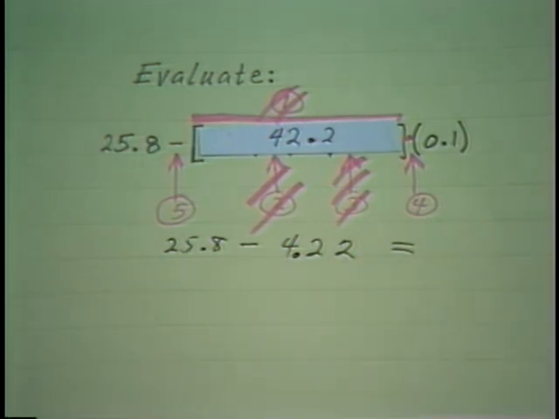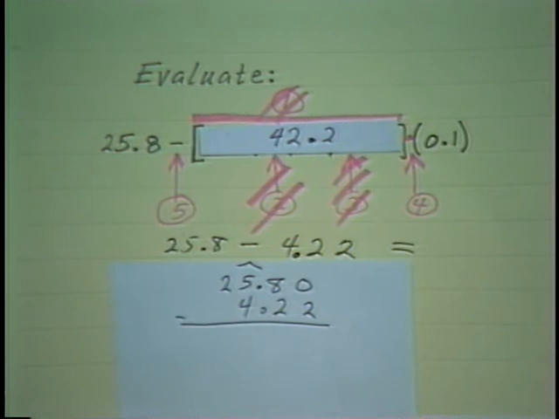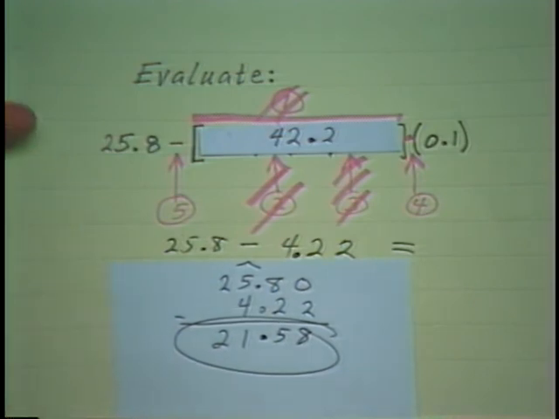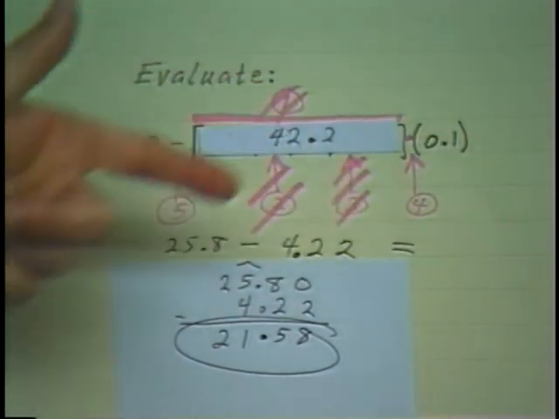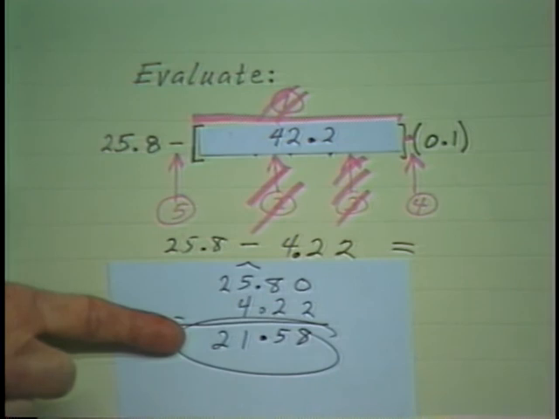And doing that, lining up decimal points, appending placeholder zeros if it will help, keeping the answer decimal point lined up, subtract, and we're done. So this entire beginning expression has evaluated to the single number 21.58.